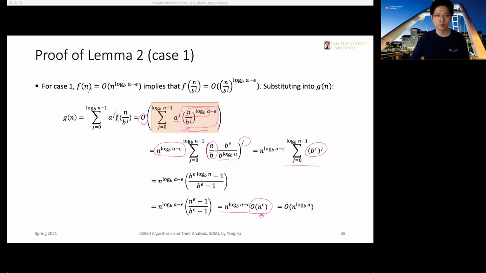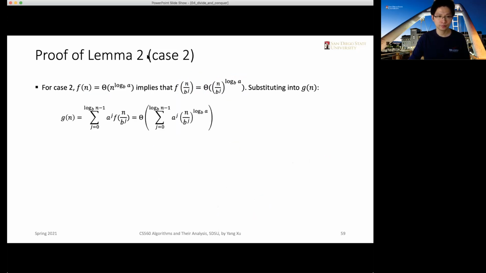So the trick is to do the substitution, to substitute the unknown function f with its upper bound, and because there's a j in it, we can treat the whole thing as a geometric series. Okay, and let's look at case 2. Case 2 says f of n and the polynomial function grow at the same speed.